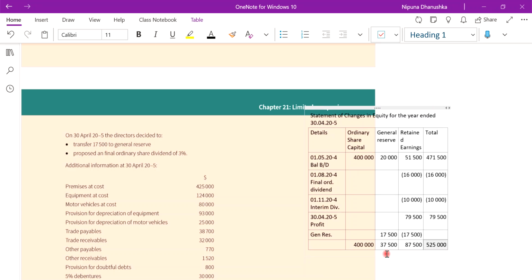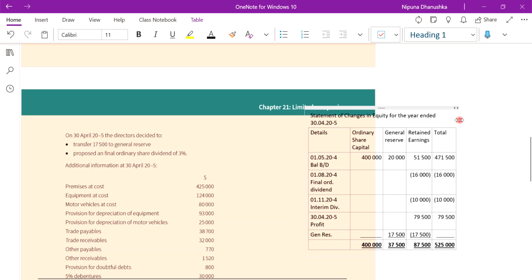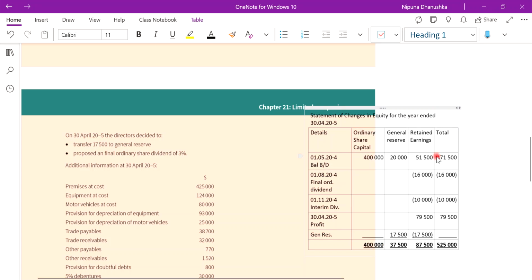So that would be it. Then underline it, and this is how it would look. Let me do the embellishing part, and yep, this is how it is.